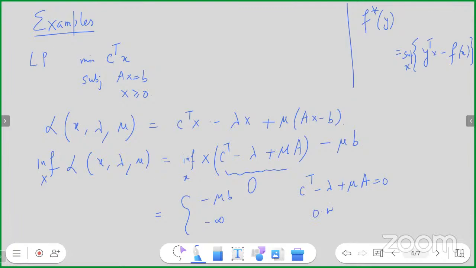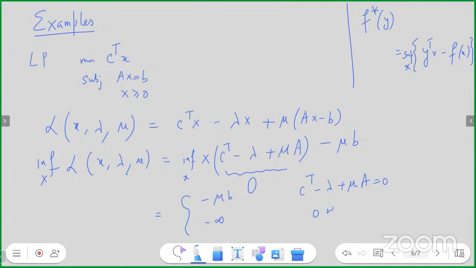So can I get my usual dual from here? So far, so good.